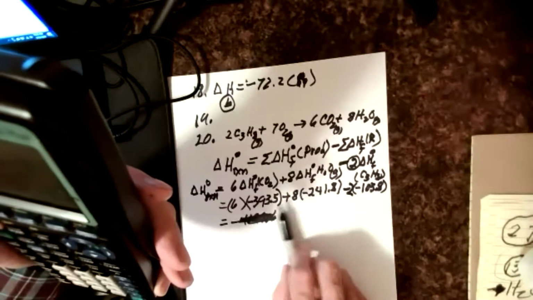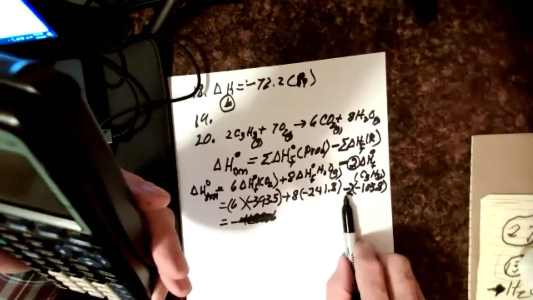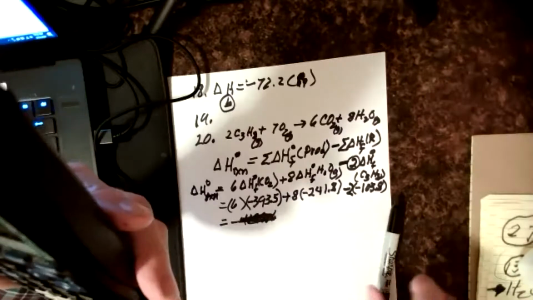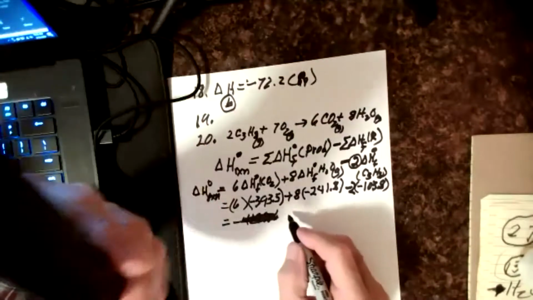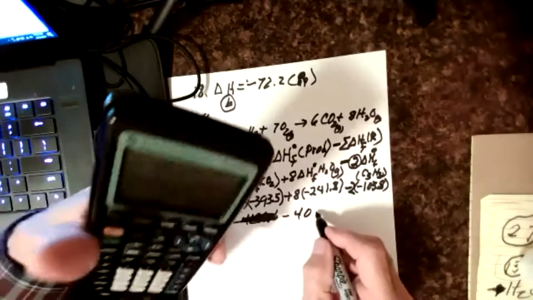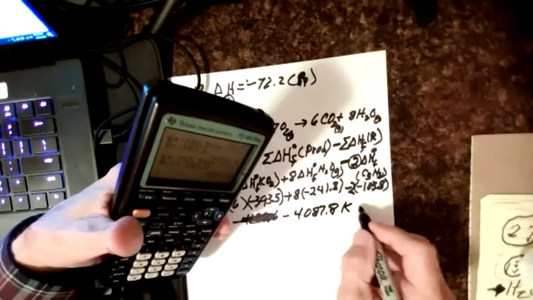Now I think it looks like it should be better. 6 times minus 393.5 plus 8 times minus 241.8 minus 2 times a minus 103.8. That looks better. So I get my answer. I'm coming out with minus 4087.8, and units are kilojoules.